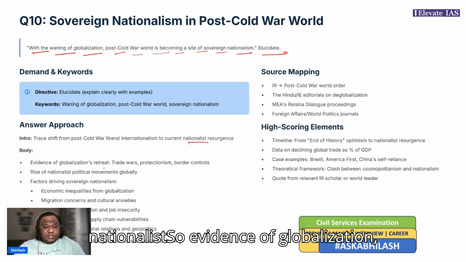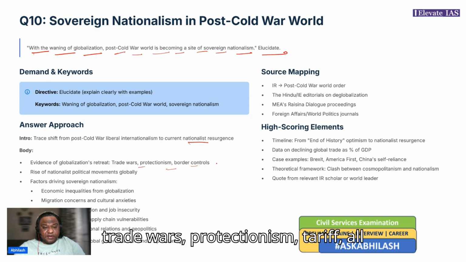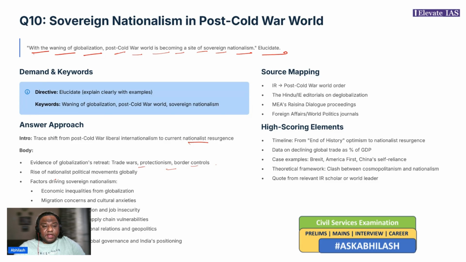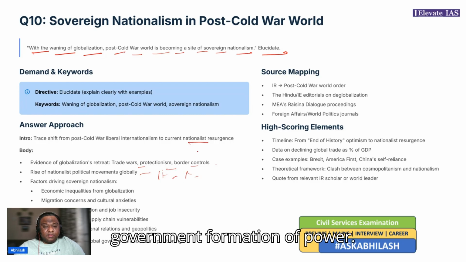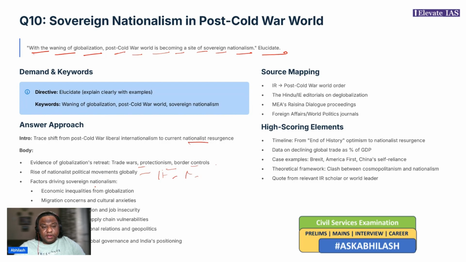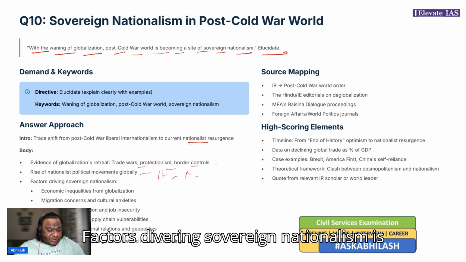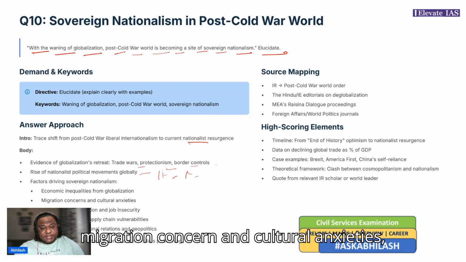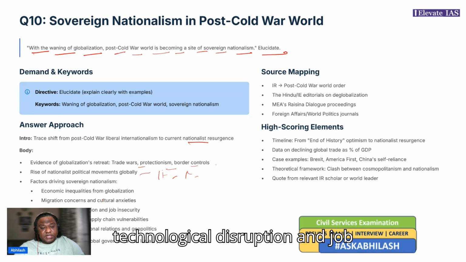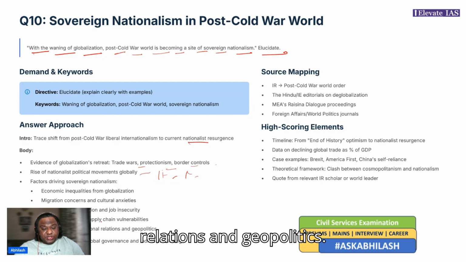So evidence of globalization's retreat: trade wars, protectionism, tariffs, all these things, what's happening right now. Rise of nationalist political movements globally, the Italian government or wherever right-wing governments have formed power. Factors driving sovereign nationalism are economic inequalities from globalization, migration concerns and cultural anxieties, technological disruption and job insecurity, pandemic-induced supply chain vulnerabilities, manifestations in international relations and geopolitics.